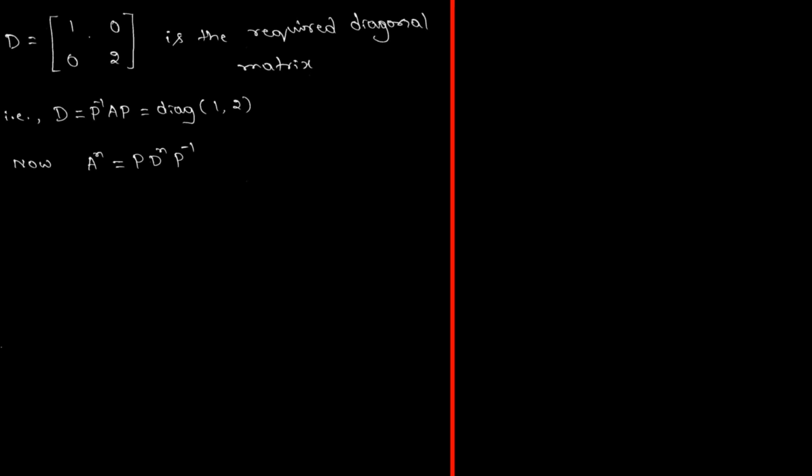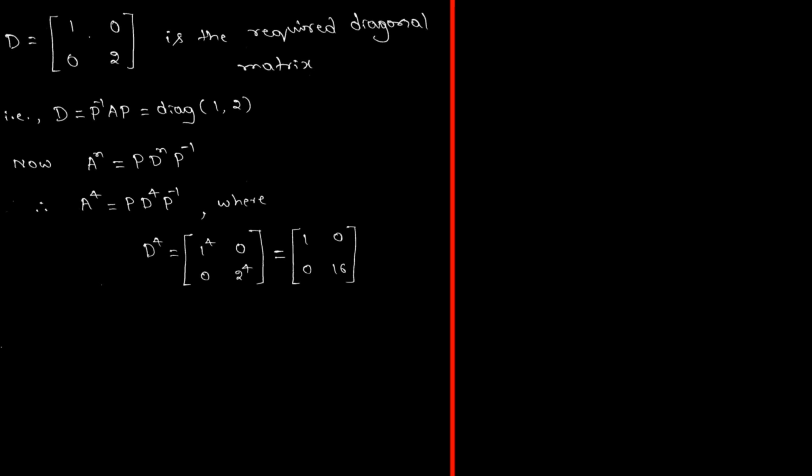Now to find A to the power 4, as they are asking in the question, we are going to apply this formula. In the place of n, let us substitute 4 everywhere and substitute the matrices P, D and P inverse. But what is D to the power 4? Let us find D to the power 4.